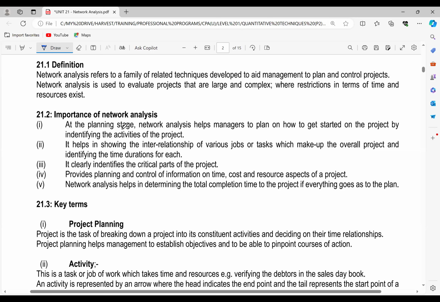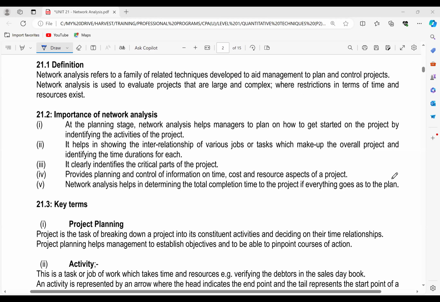So as you're planning anything that you need to start on, you need to plan. So this technique helps us in getting to know how to get started on the project and also identifying the activities of the project.